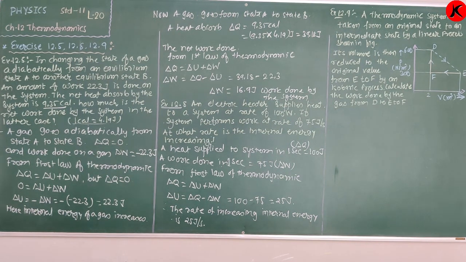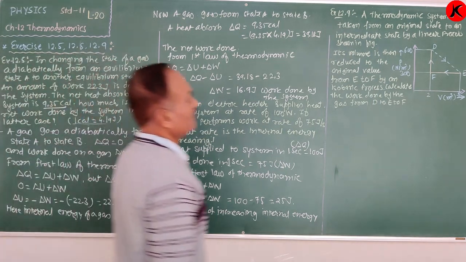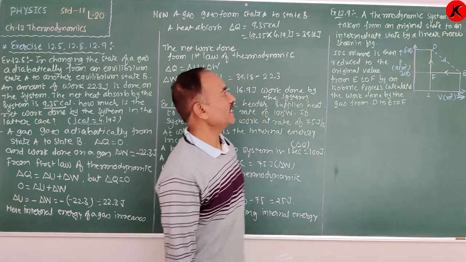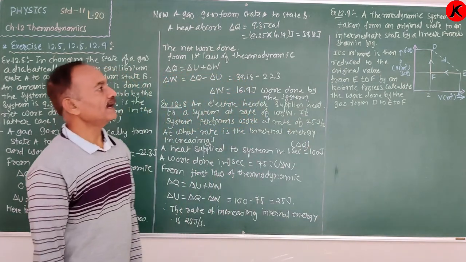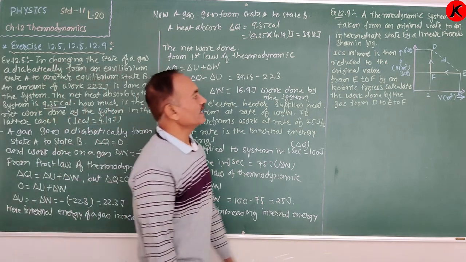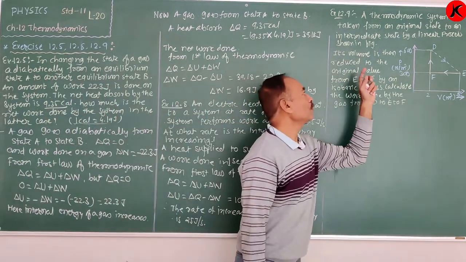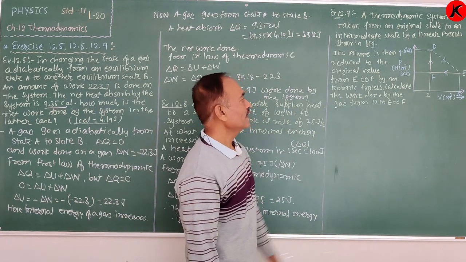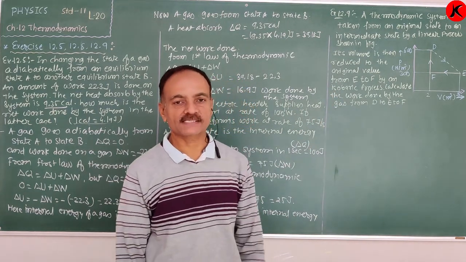Now the next numerical, 12.10. A thermodynamic system is taken from an original state to an intermediate state by a linear process shown in the figure. Its volume is then reduced to the original value from E to F by an isobaric process.